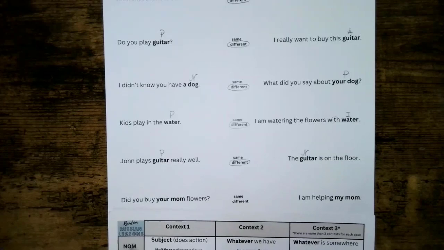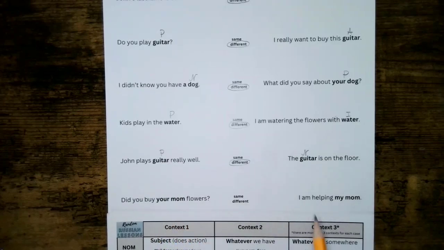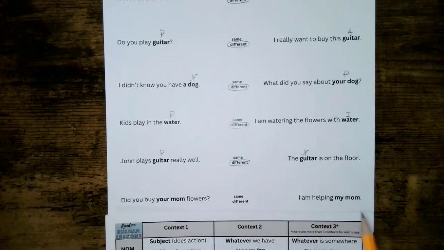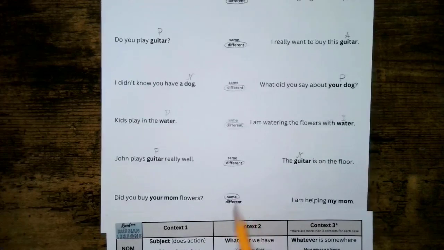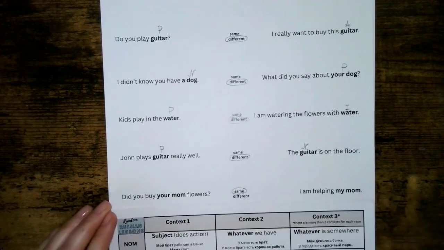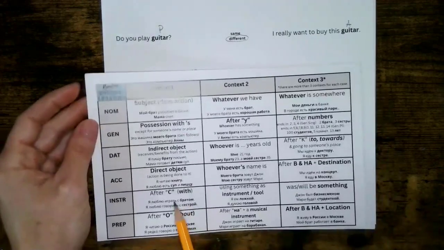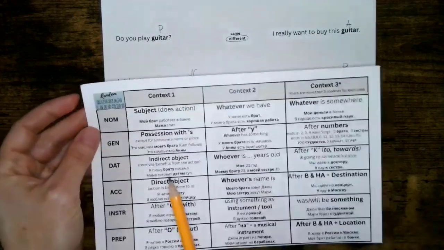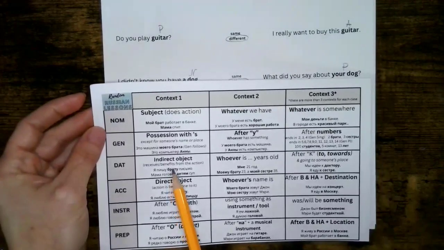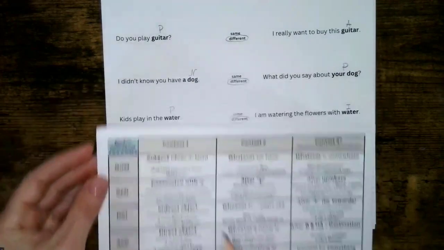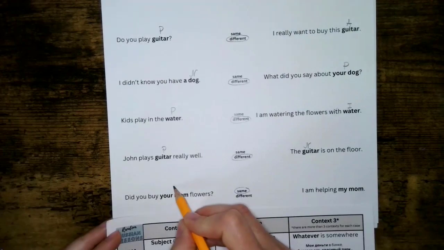Finally, did you buy your mom flowers? I'm helping my mom. Here, the case is the same. So here, what we buy, flowers, is going to be the direct object. But who we're buying it for, in this case our mom, is the indirect object, and that's dative.